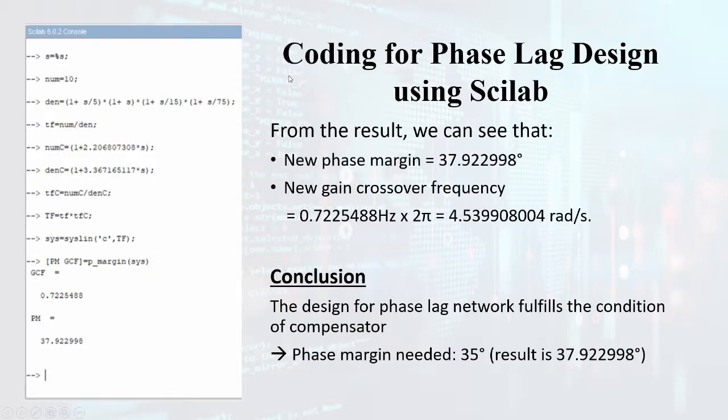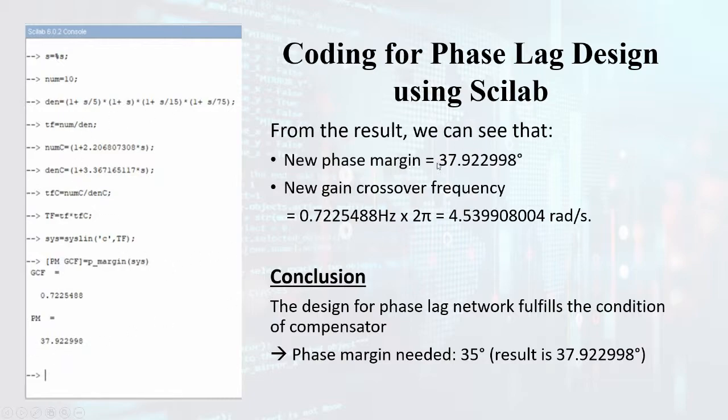So here is the coding of the phase lag network using Scilab. We insert the values that we calculated into Scilab. It will draw a graph and show us the gain crossover frequency, which is 0.7225488, and the new phase margin, 37.922998.